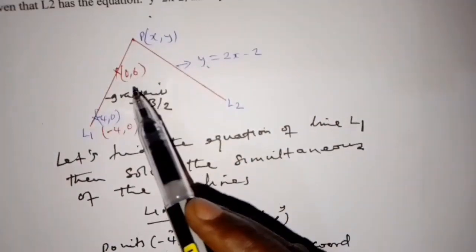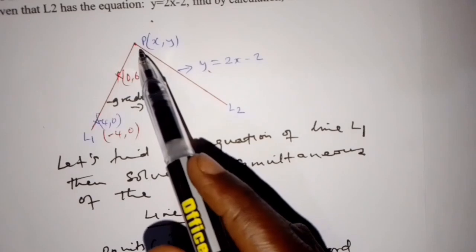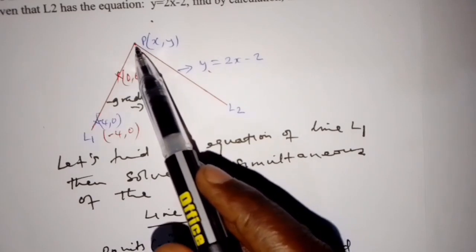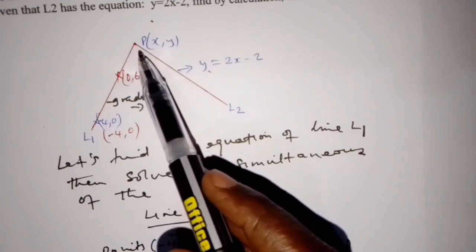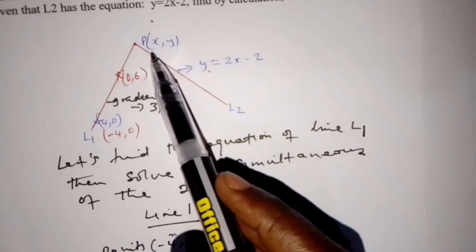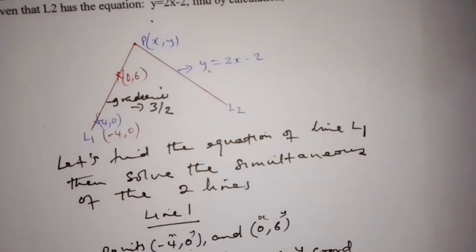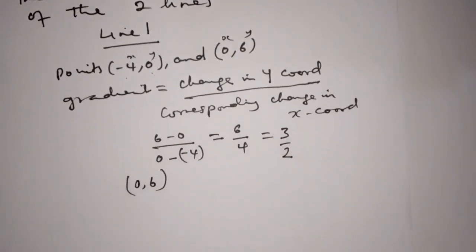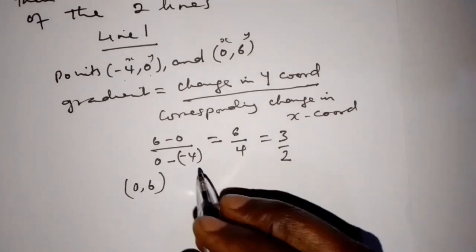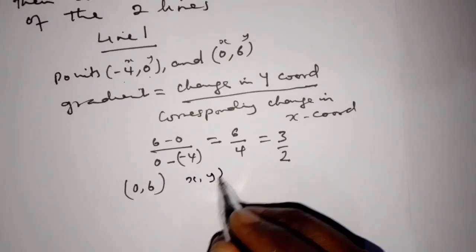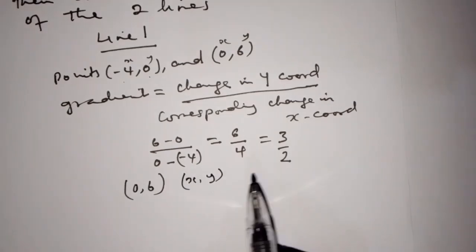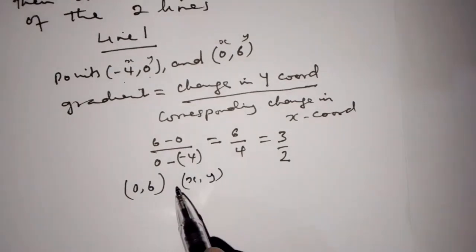Let us assume that the point where these two lines intersect is P, and it is x and y, point x, y. So we take 2 points, 0, 6 and x, y. Now we can find the gradient of this line.